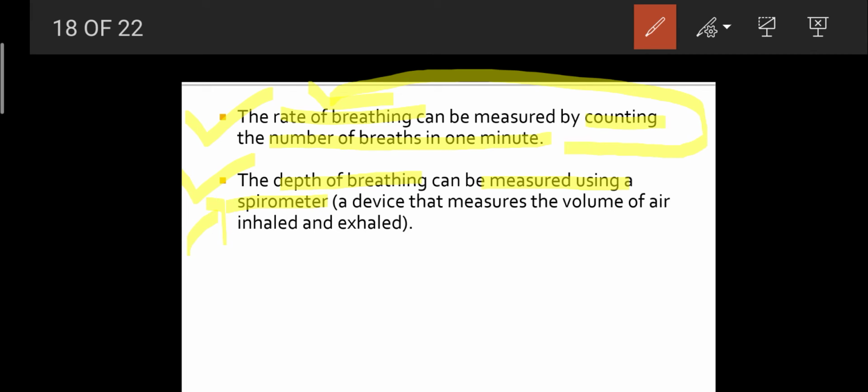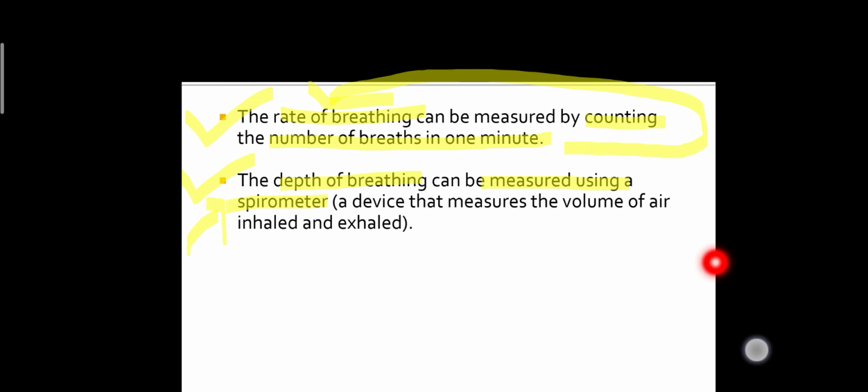A spirometer is a device that measures the volume of air that is inhaled and exhaled. So we measure the rate of breathing by counting the number of breaths in 1 minute, while the depth of breathing is measured by a spirometer.